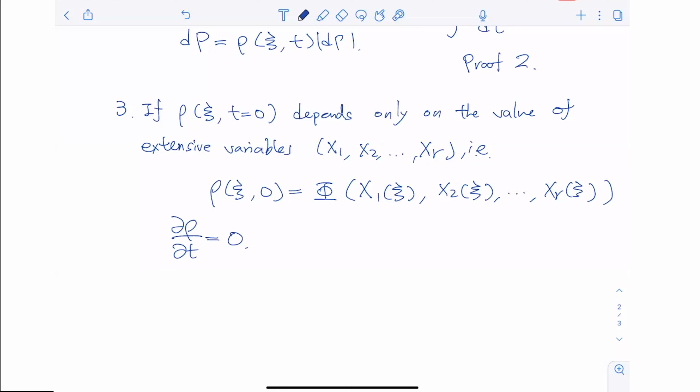Okay. So why is this third property important? Because in a thermodynamic system, we usually specify our system by specifying the extensive variables x1 to xr. So this relation secretly tells us that it is possible to establish a probability description that is independent of time. Okay.